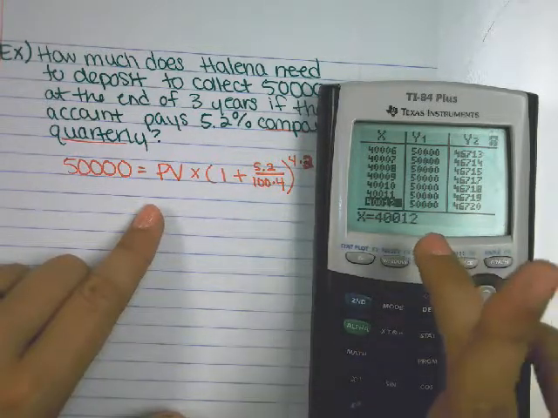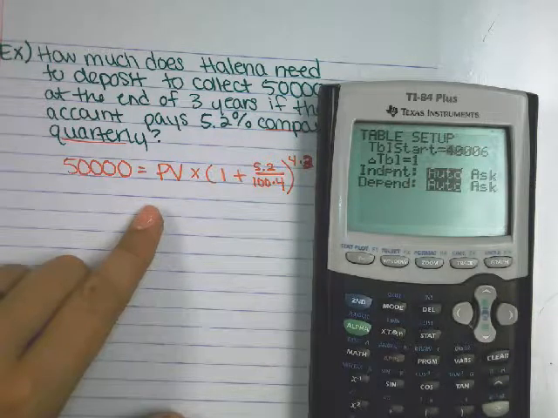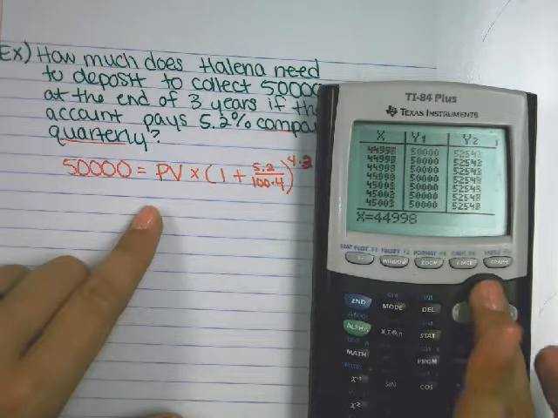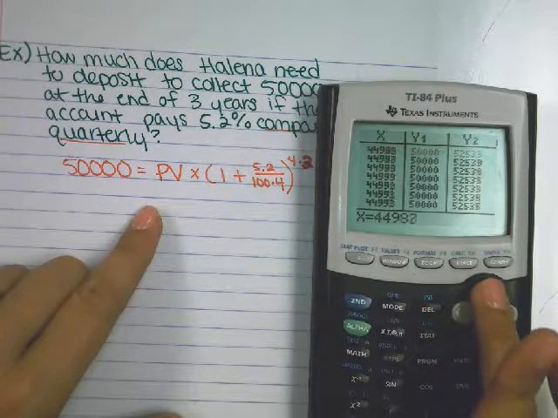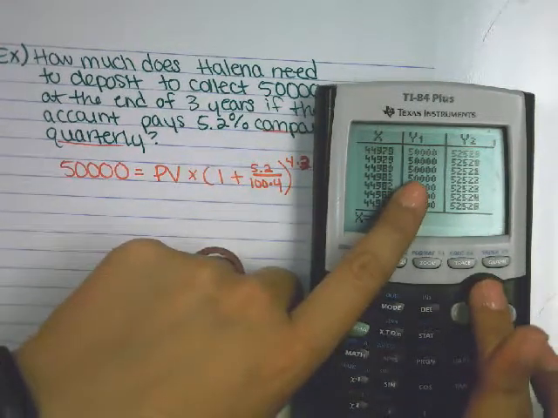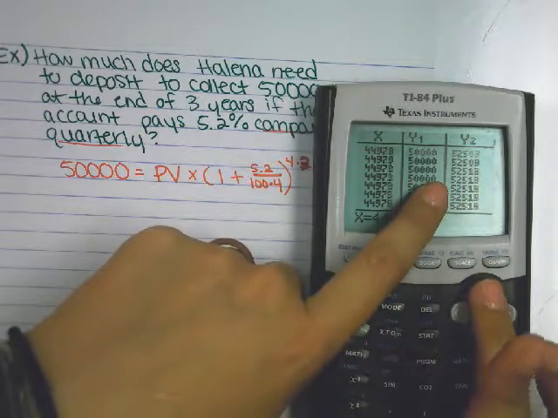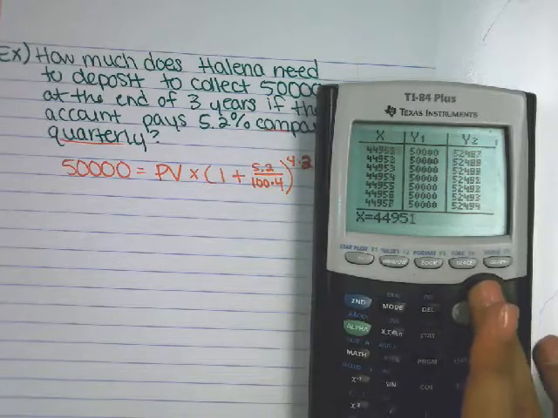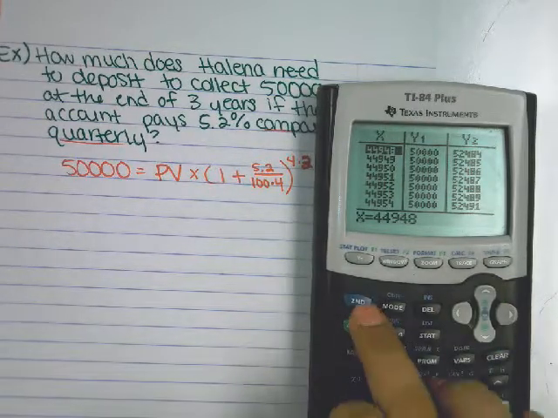Closer. What if we put in 45,000? Okay, a little bit closer. I'm trying to see where my 50,000 is the same. It's quite a bit less than that. Maybe this isn't the best method. Maybe we find a different method.